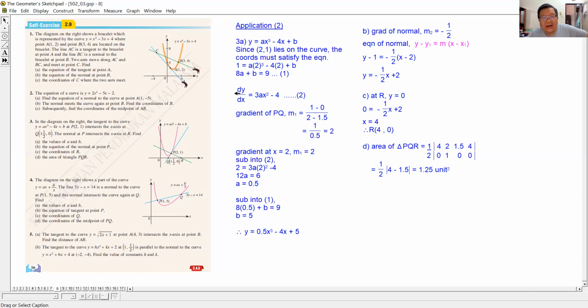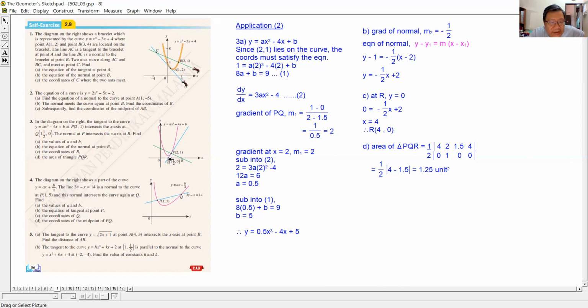Yes. Now dy/dx is the gradient of the tangent. From the diagram here, I have another way of finding the gradient of the tangent, not by using dy/dx, but by using my knowledge of coordinate geometry.